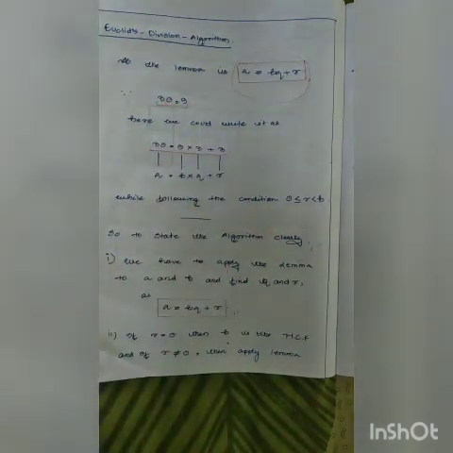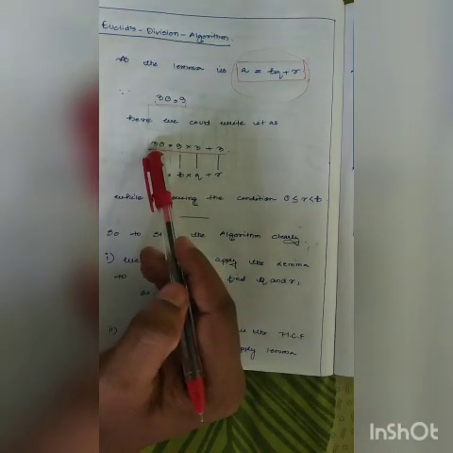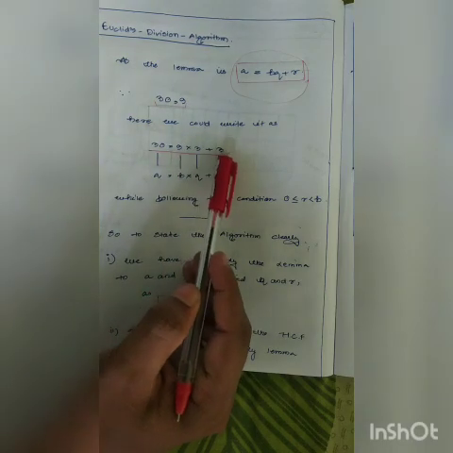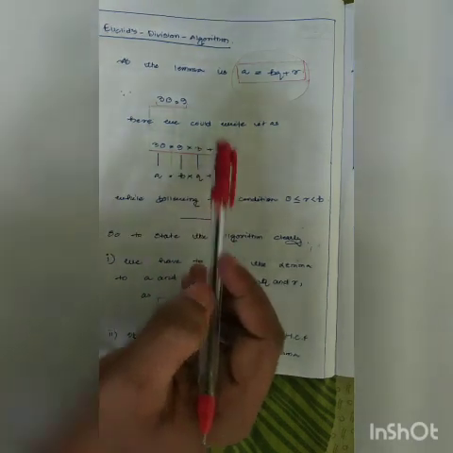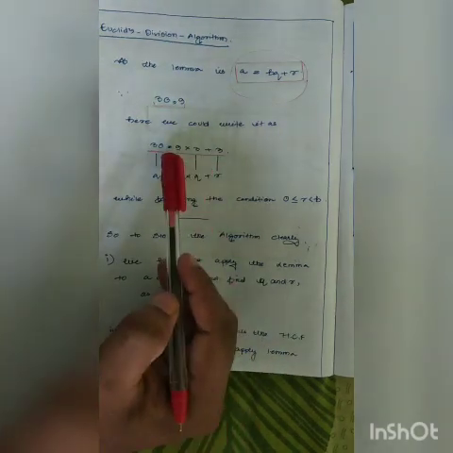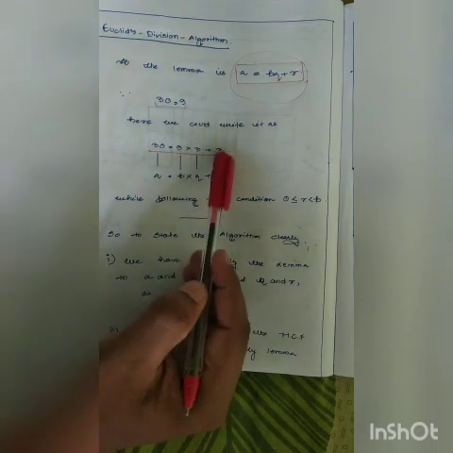I have come with the same example of 30 and 9. As I've taught you earlier, 30 is equal to 9 into 3 plus 3. According to the lemma, we have to divide 30 with 9, and when we divide 30 with 9, we get this.